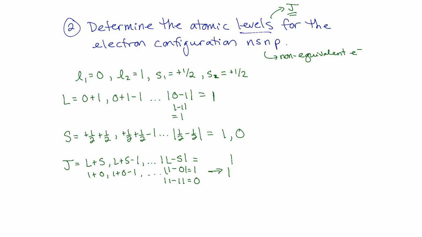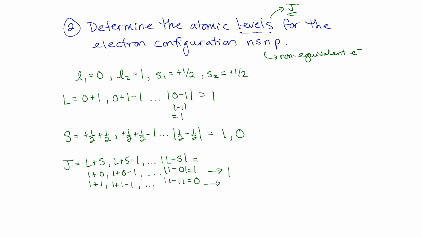And then same with our other value of S. So we've got 1 plus 1, 1 plus 1 minus 1, until we hit 1 minus 1. So we can go all the way down to 0.